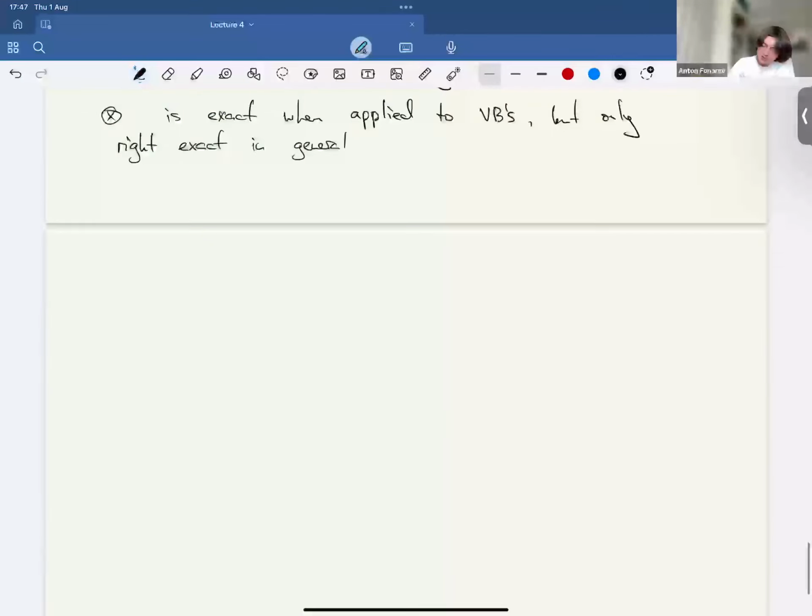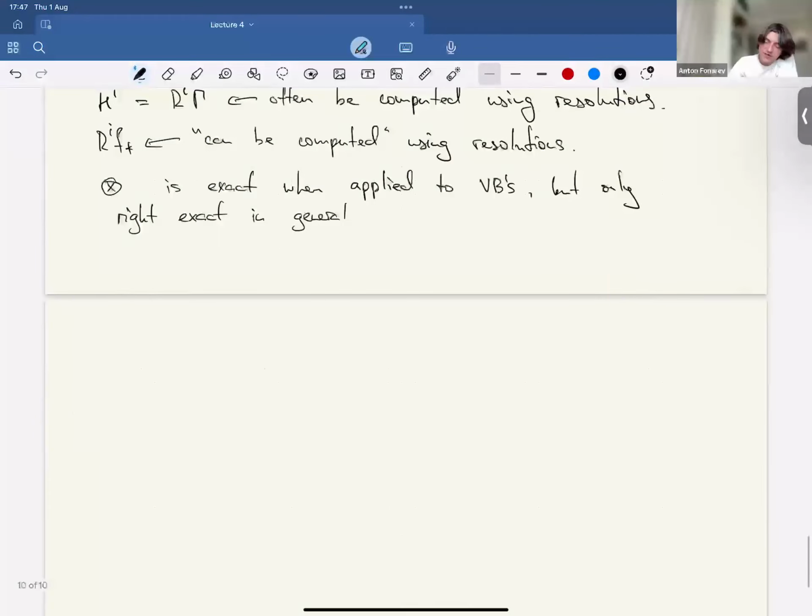So what you can do is define the so-called derived tensor product, or you define Tor functors.